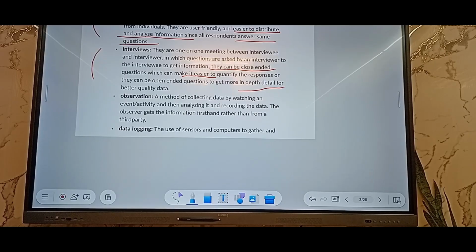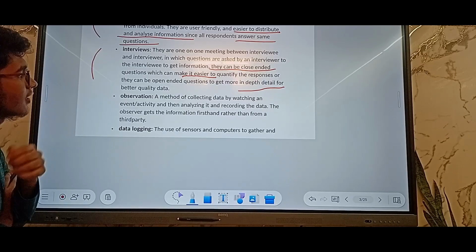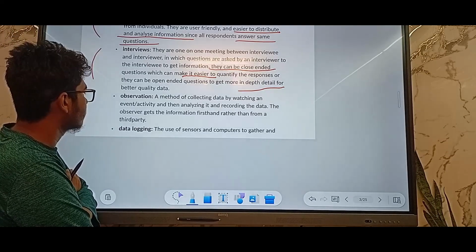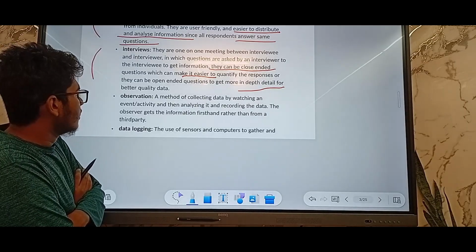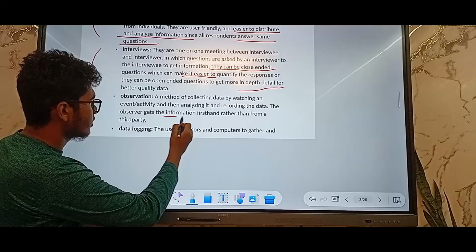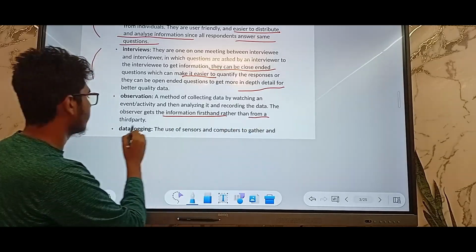So we have observation, a method of collecting data by watching an event/activity and then analyzing it and recording the data. The observer gets the information firsthand rather than from a third party.